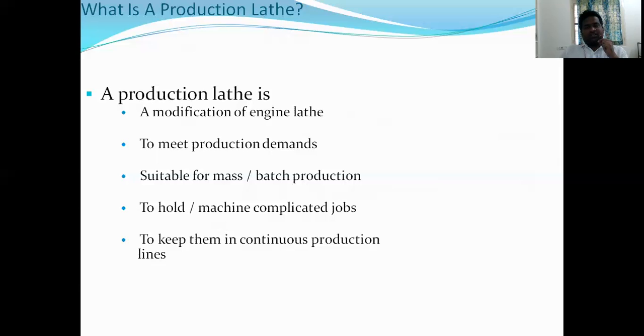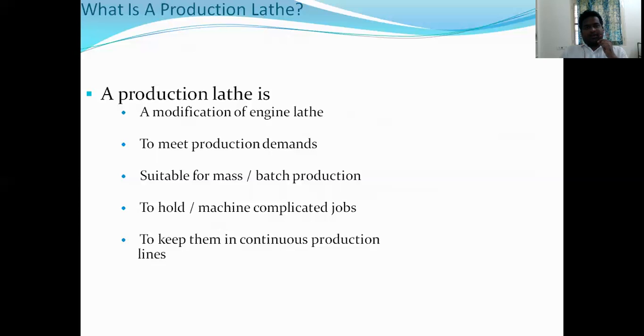With the engine lathe, we are not meeting production demands, because customer need is increasing, but the engine lathe produces fewer products and takes more time to produce them. That's why we are making some modifications on the engine lathe.